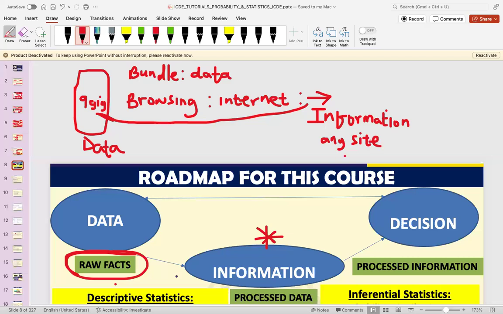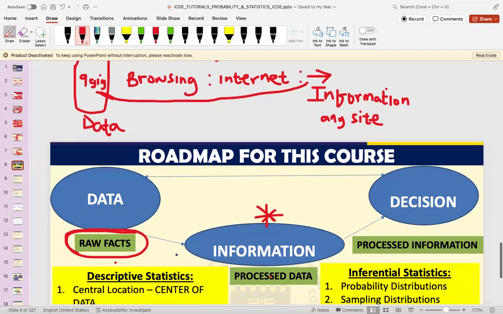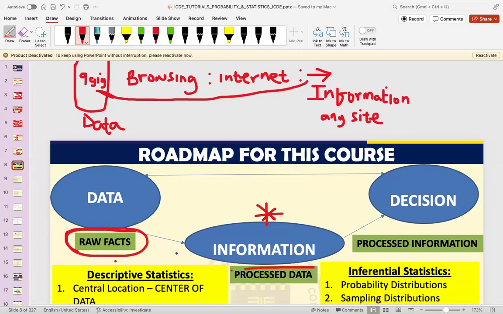That is what the bundle is doing for you now. The bundle, which used to be data, is now telling you that you have an information. What is the information? Your data has been processed. And so you have information. The information is that you can browse any site.